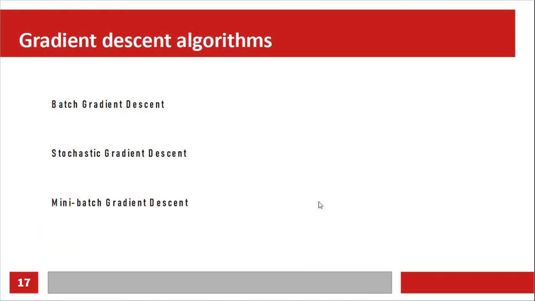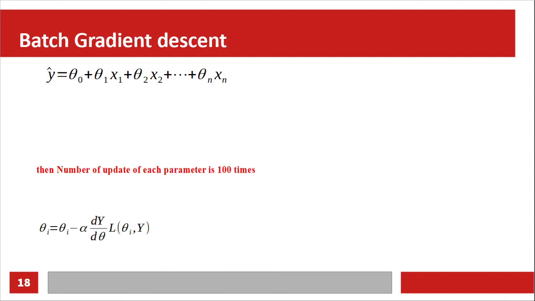Now, to be sure, there are different methods or algorithms of gradient descent: batch gradient descent, stochastic gradient descent, and mini batch gradient descent. What is the difference between these methods?